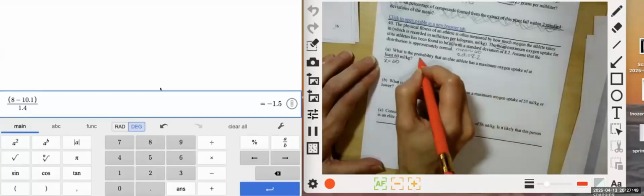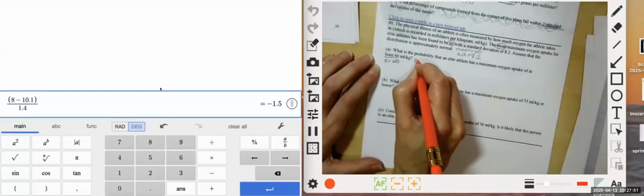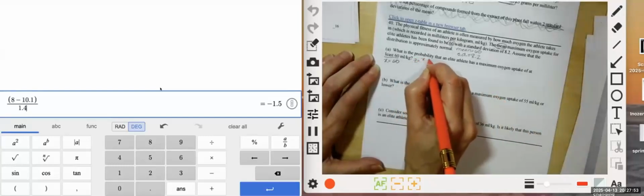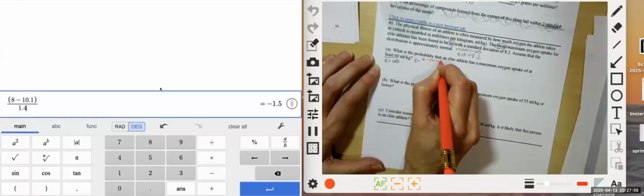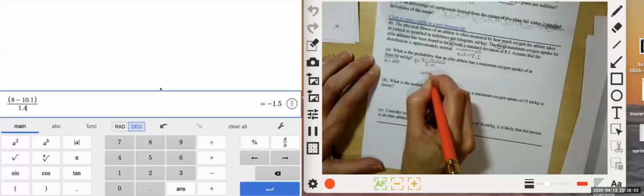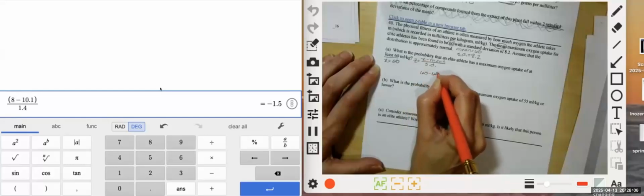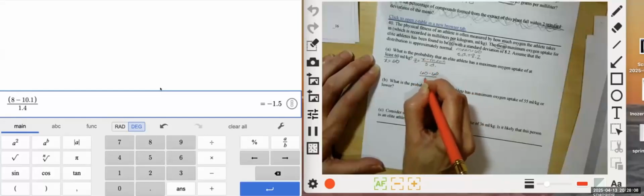So that means our x equals 60. So we're using that z equals our data item minus the mean over standard deviation. So 60 minus 60 divided by 8.2.